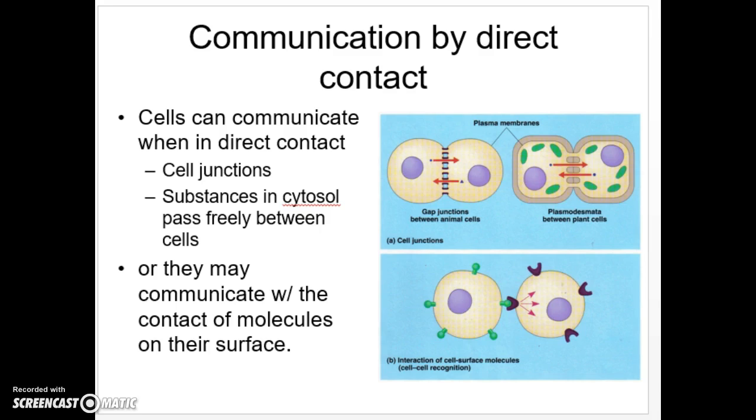And the reason we see that it can go wrong is in the example of cancer. So in tumors, what happens is something is interfering with that contact inhibition so that cancer cells, or tumor cells, don't get the message to stop growing, which is why a tumor set of cells will start growing and multiplying on top of each other.